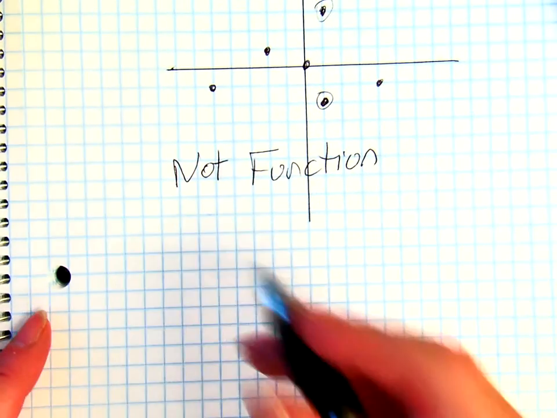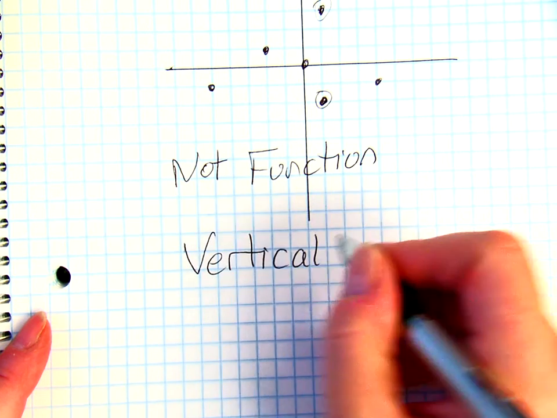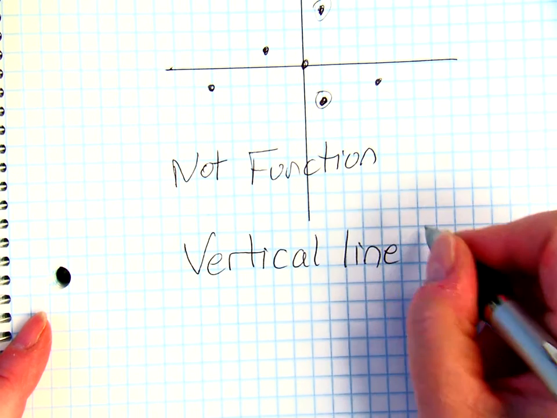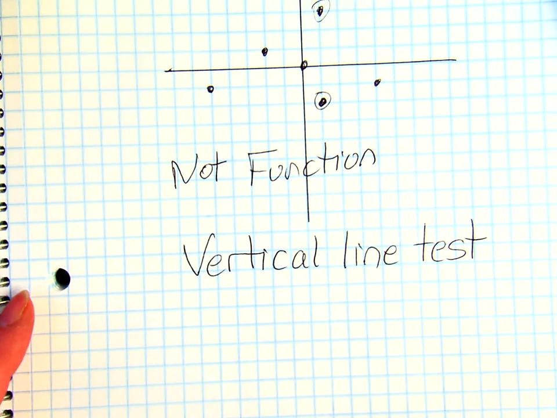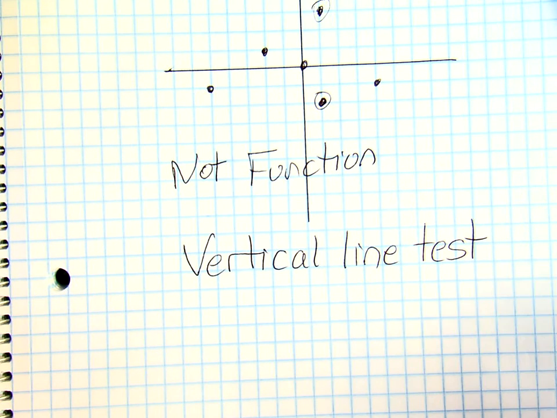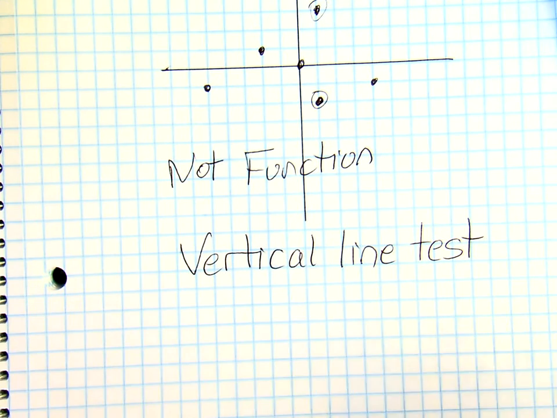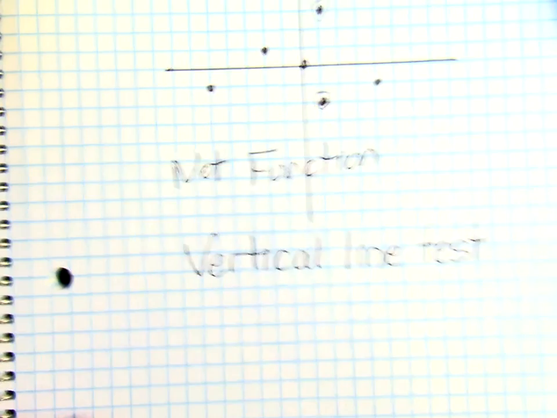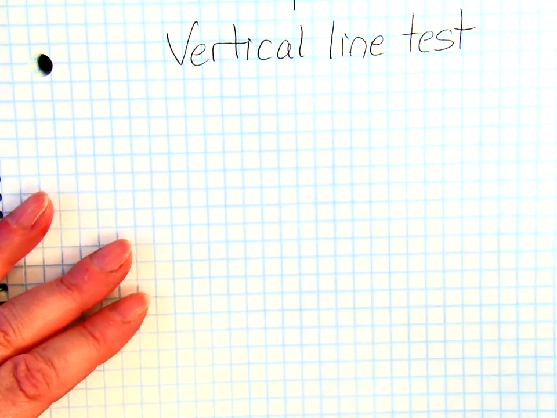This is called the vertical line test. The vertical line test is one of the easiest ways to tell whether or not you have a function. So you have both ways to look at it. And we'll be doing some problems with that tomorrow when you come in.